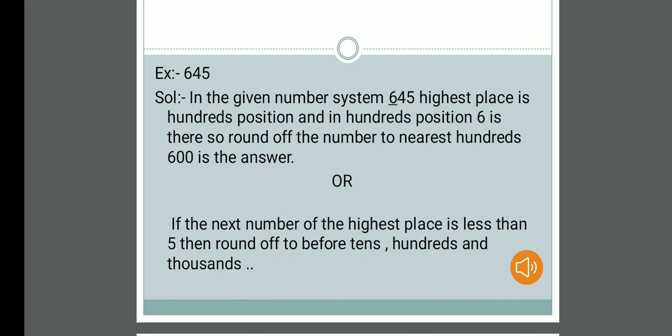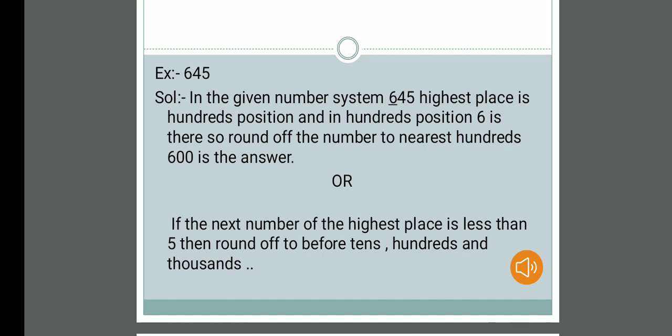The next example for estimation, I have taken a 3-digit number, that is 645. In the given number 645, the highest place is the hundreds position and in the hundreds position 6 is there. So round off the number to the nearest hundreds. So the answer is 600.